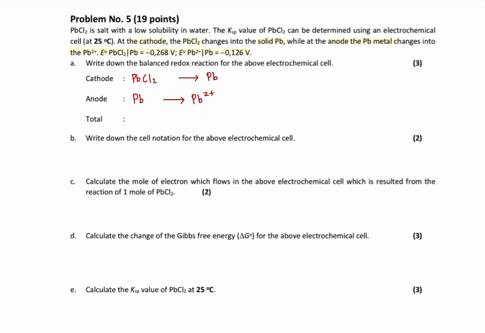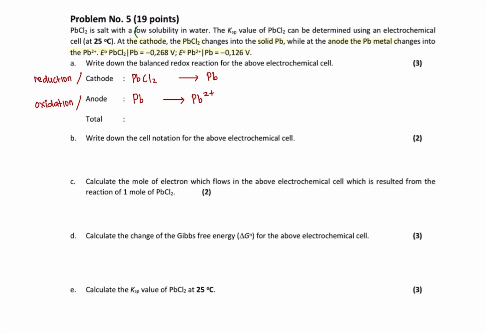Now we have to remember what happens at the cathode and what happens at the anode. So at the cathode there should be reduction. Reduction is when there is a decrease of the oxidation number, and at the anode there should be oxidation, so there should be an increase of the oxidation number of a certain chemical species. So in this case, let's take a look.